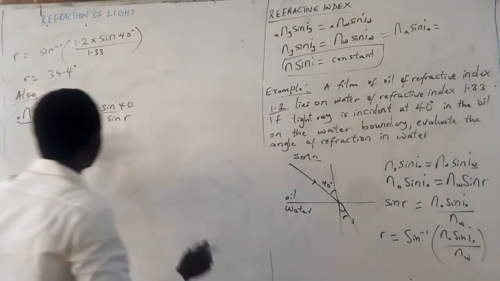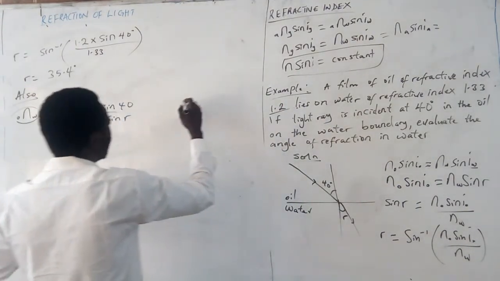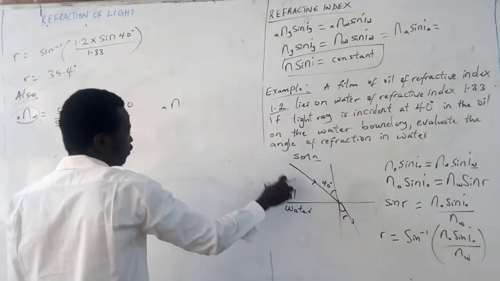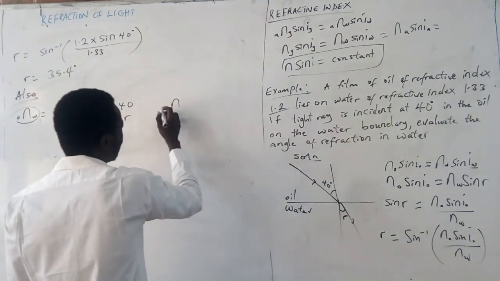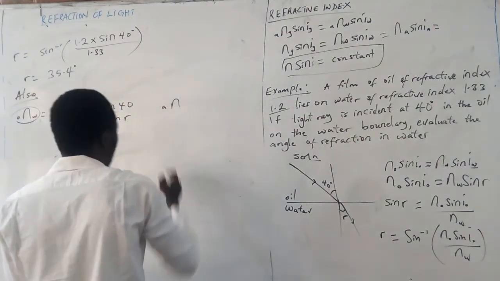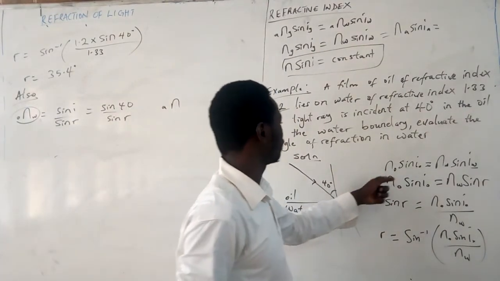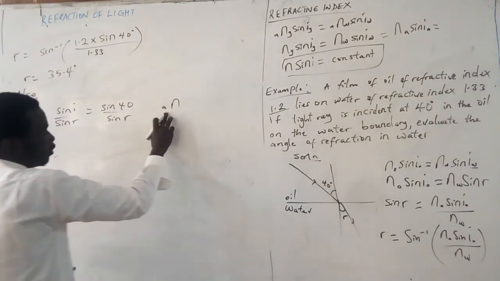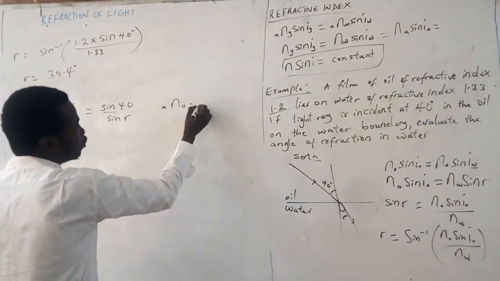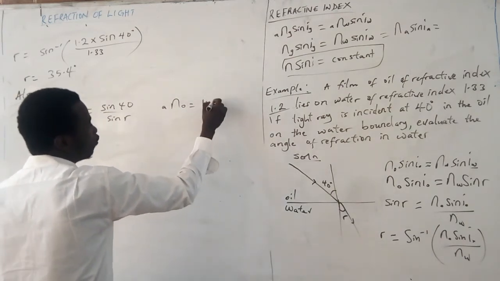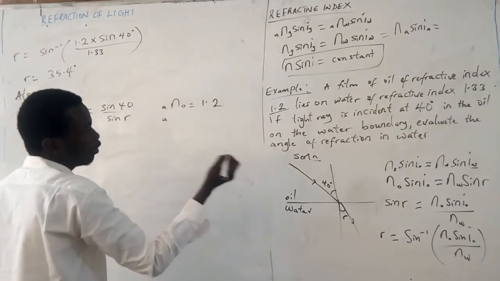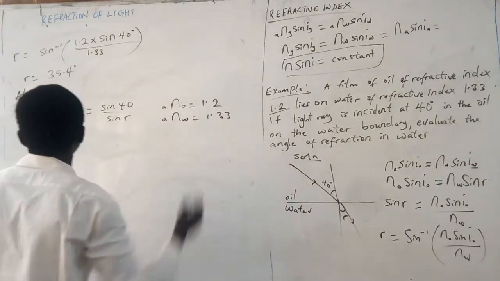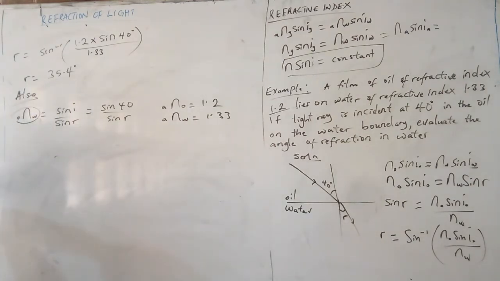What we are given here is the refractive index from air to oil, since we are using relative refractive index, which I said for air is 1. So if we bring that back, we have from air to oil, which we are given to be 1.2. Then we are given from air to water, which is 1.33. But here we need oil to water.